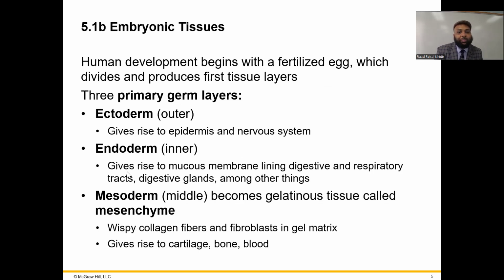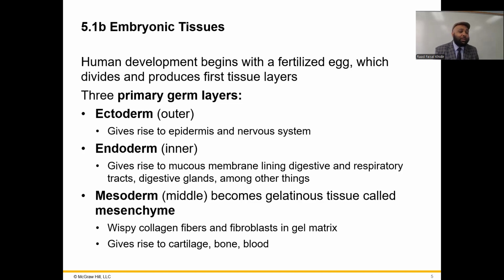The human development begins with a fertilized egg, which divides and produces first tissue layers. There are three main primary germ layers. The first one is the ectoderm, and that is the outermost layer. And that is the one that gives rise to the epidermis and the nervous system.